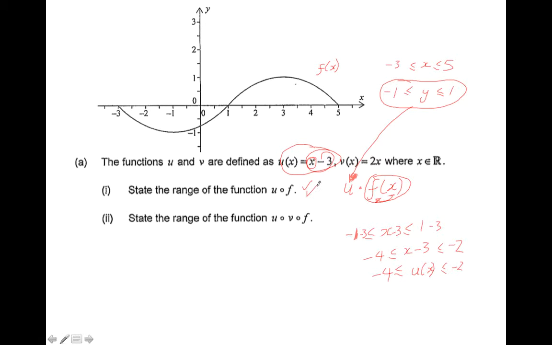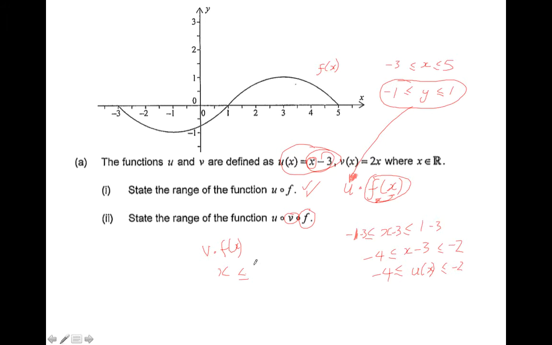And you can see that we're going to attack the second question in a very similar way. So the f feeds into the v first. So v of f of x. We're going to have a little look at the output here. So again, that -1 through to 1 feeds into the v function, and the v function equals 2x. So we're going to have the same starting point, that the x values that we feed into the v function are the outputs of f of x.